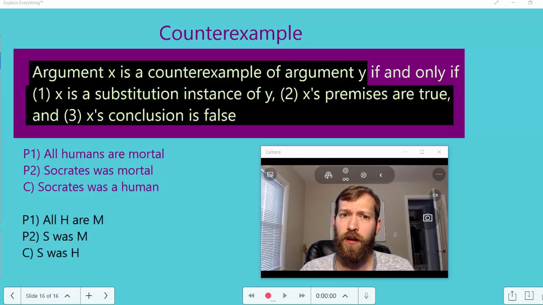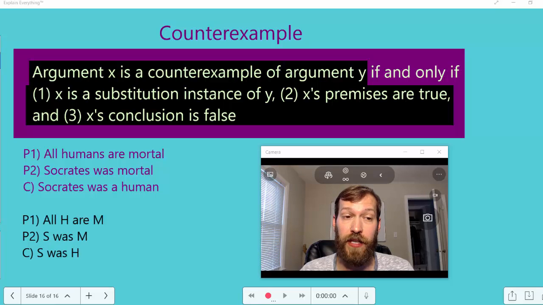So I'm going to define a counterexample in the following way. Argument X is a counterexample of argument Y if and only if it meets the following three conditions. 1, it is a substitution instance of Y. 2, X's premises are true, that is, in reality, factually, are in fact true, and 3, X's conclusion is false, that is, actually, in reality, is false.